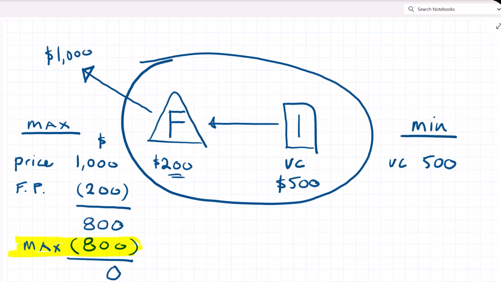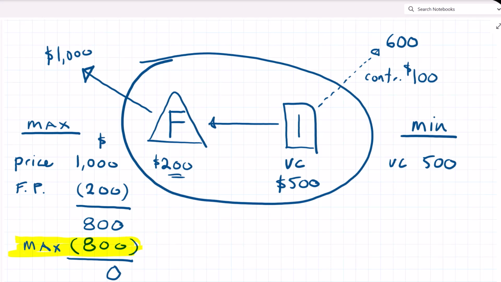Now, imagine if I was also selling to the outside world for $600 and we have limited capacity. I can only produce a set amount of chemical. Now, look at that. There's a difference, a contribution: a selling price of $600, a variable cost of $500. So now there's a contribution here of $100.